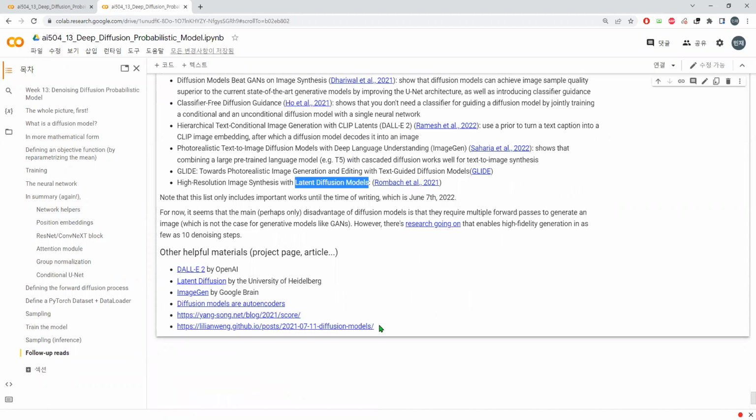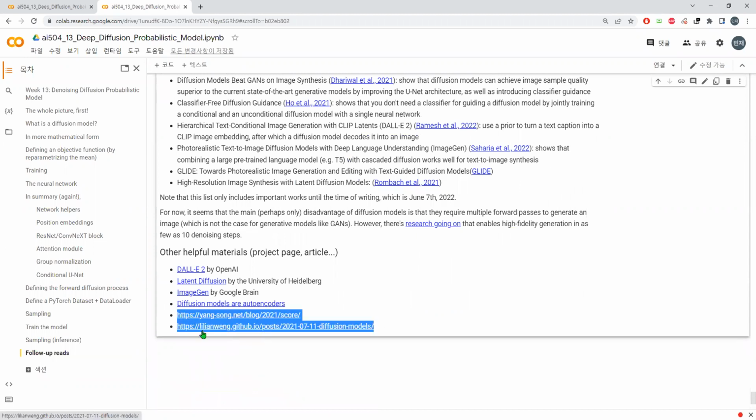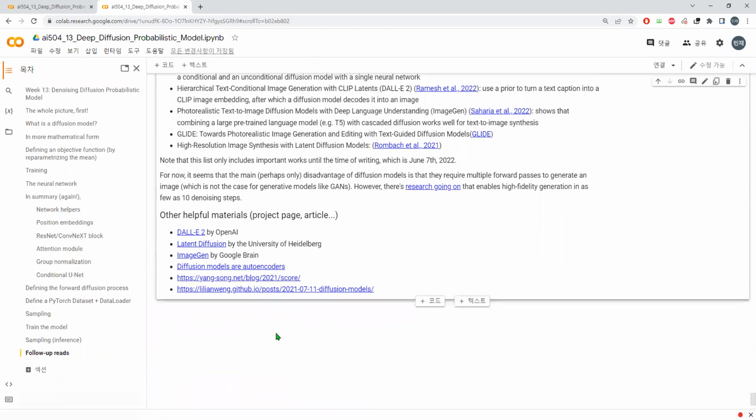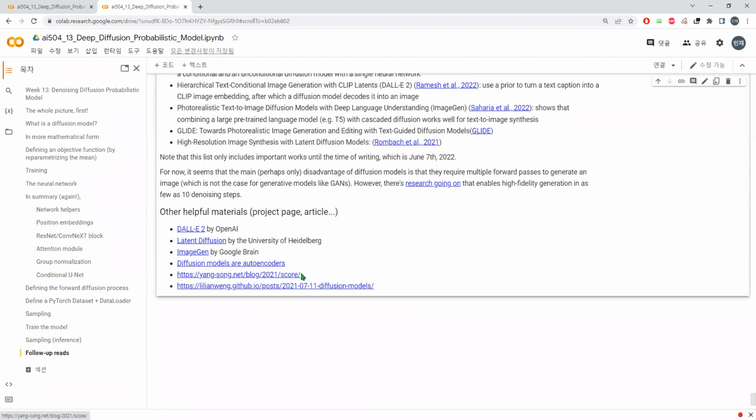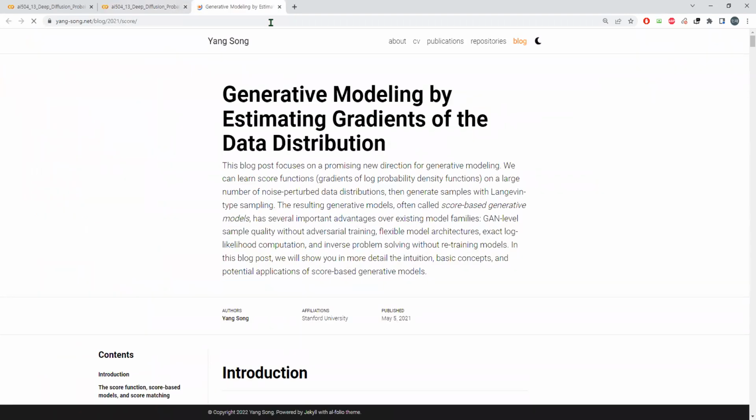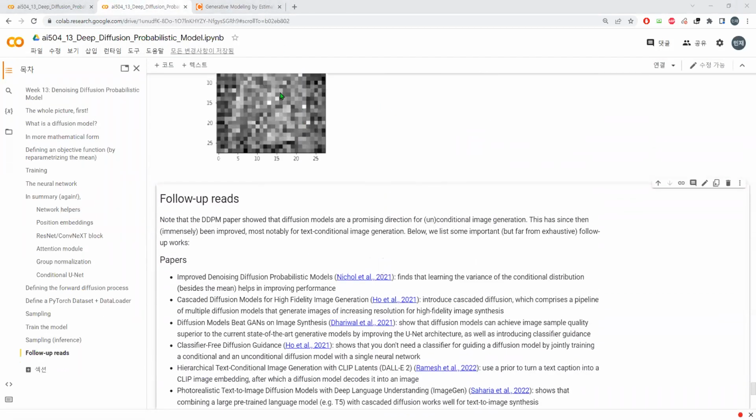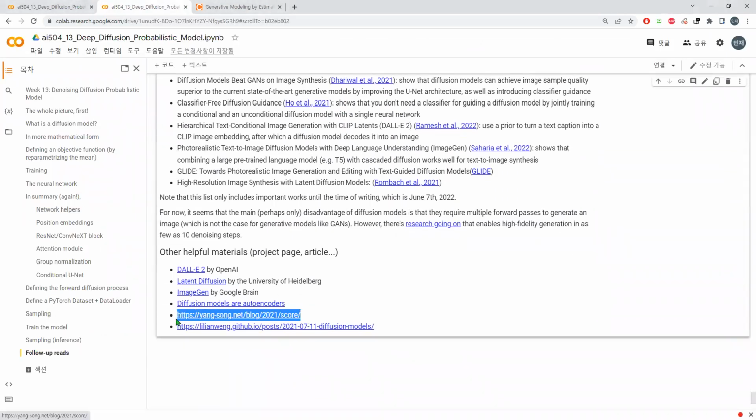Okay, and these two blogs. Yang Song conducted research about the score-based model, and at the early stage he didn't know about the relationship between the score-based model and the denoising diffusion model, but in the DDPM paper, Jonathan Ho proved the inherent relationship between the score-based model and the diffusion model.